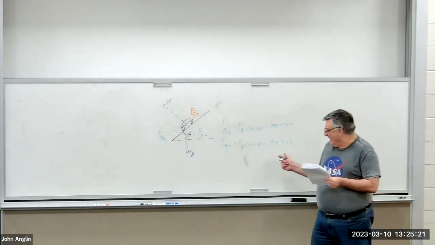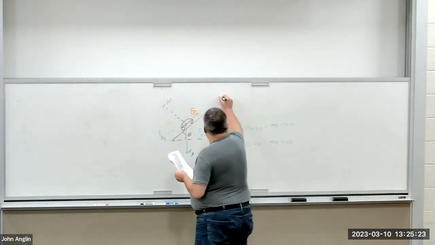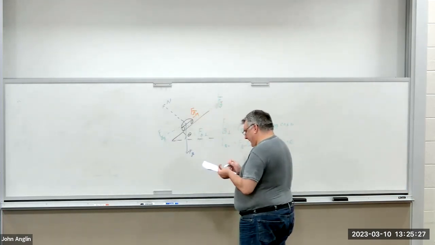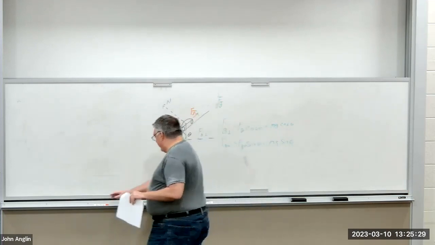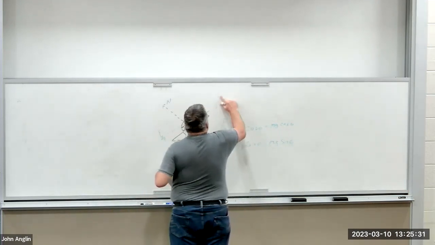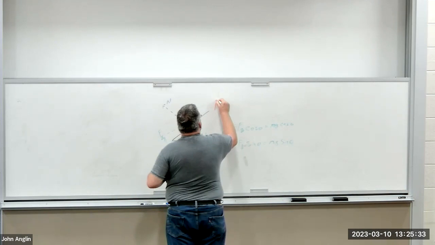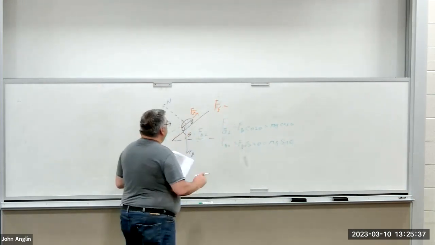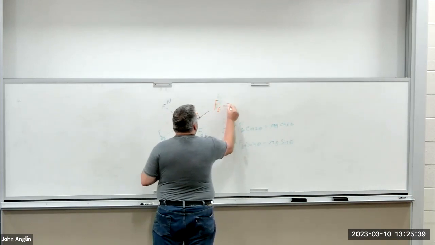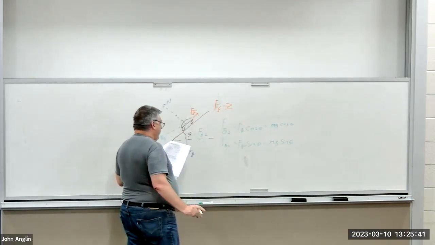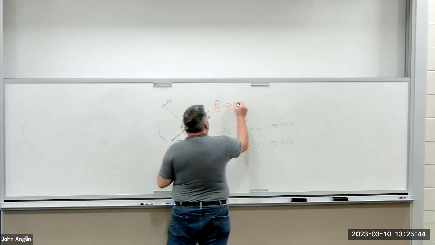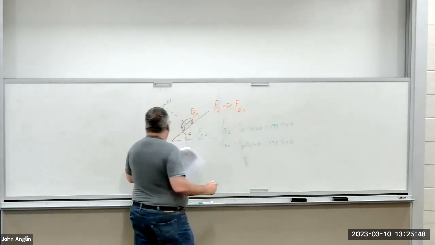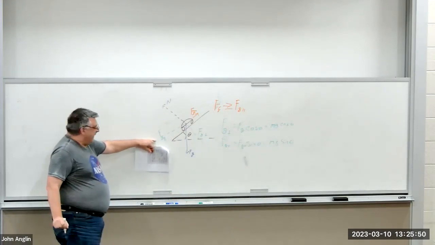So what we're going to find is that our force due to friction, in order to hold the car on the track, has to be greater than or equal to this parallel force, right?